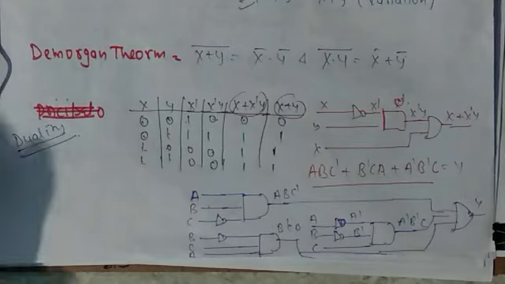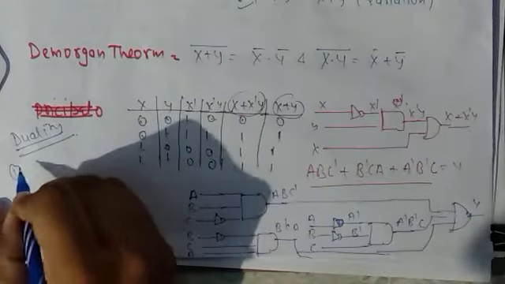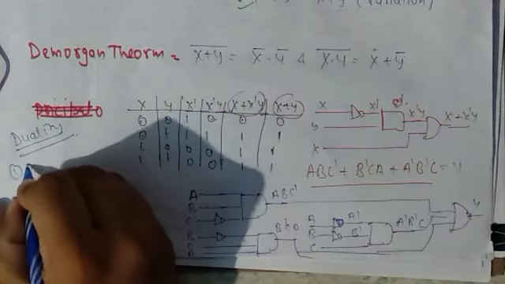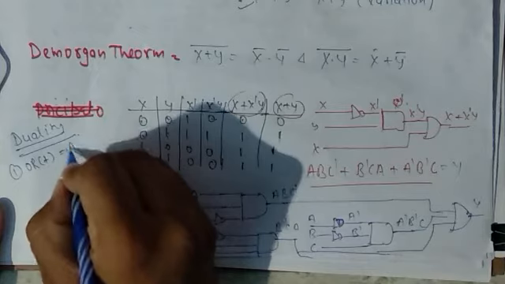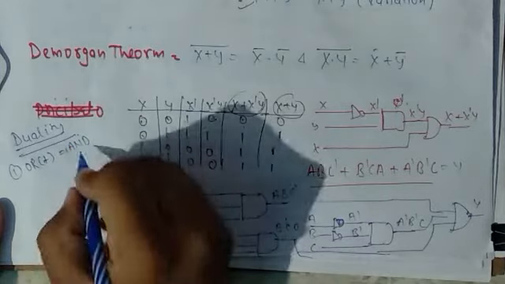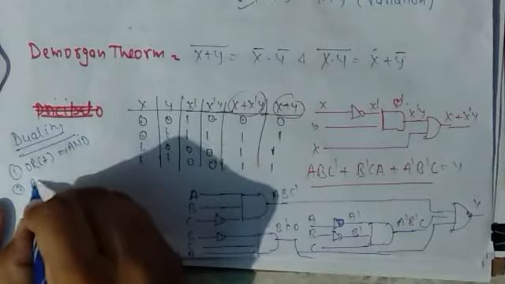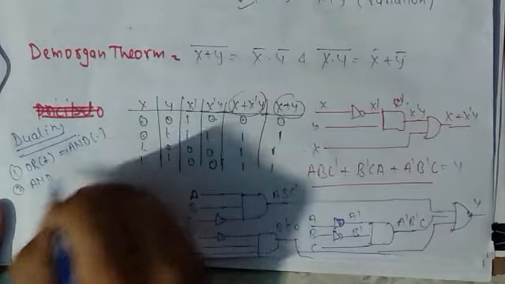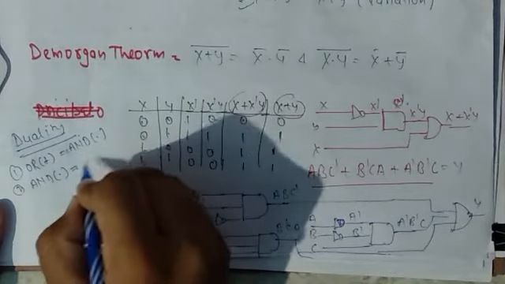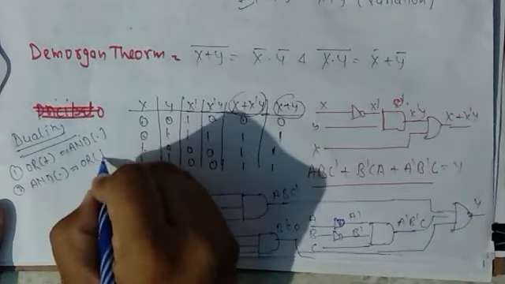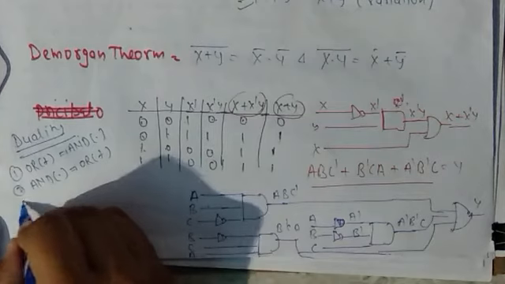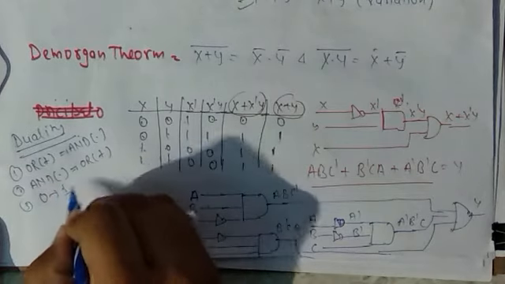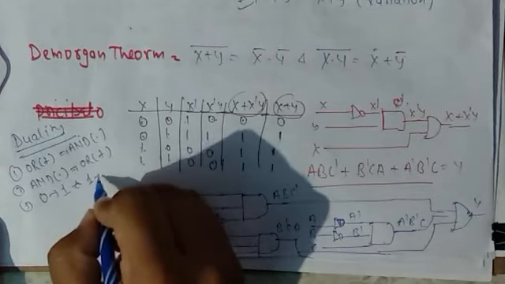There are three rules for duality. First, change all the OR, meaning plus, into AND. All the AND, meaning dot, will be changed into OR, meaning plus. Third, 0 will be converted into 1 and 1 into 0.